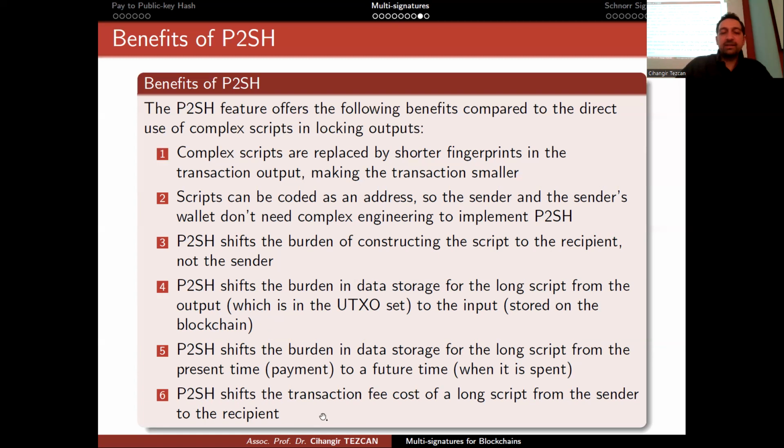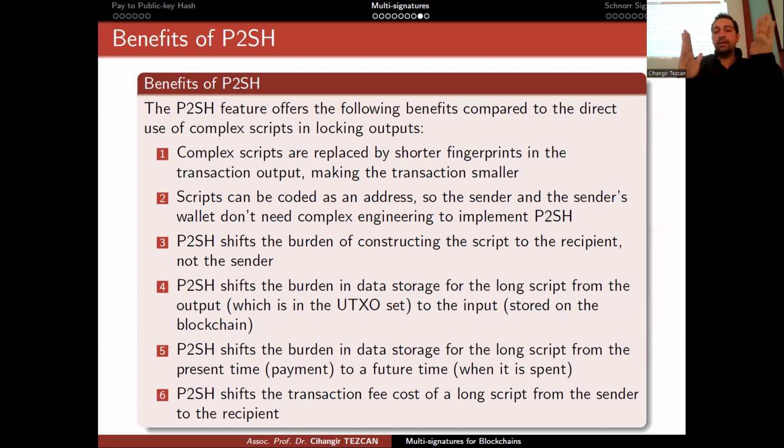Moreover, since the size is small, pay-to-script hash shifts the transaction fee cost of the long script from the sender to the recipient. Because if you use multi-signatures, not pay-to-script hash, the sender has to provide those long public key addresses, right? So they have to deal with the fee. Now they actually provide a 3 address that starts with 3.